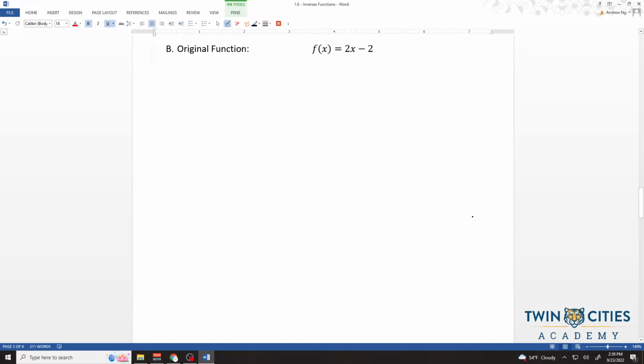f of x equals 2x minus 2. 3 steps. We're going to change the f of x to y, and then we're going to solve for x, so isolating x, and then swapping x and y, and seeing what we get for our inverse. So y equals 2x minus 2.